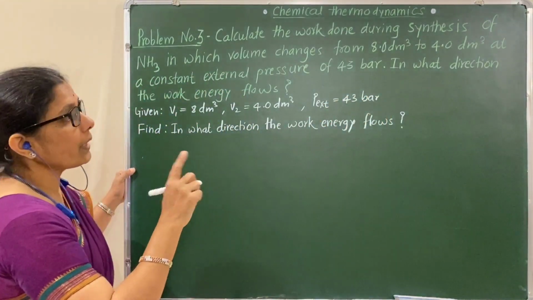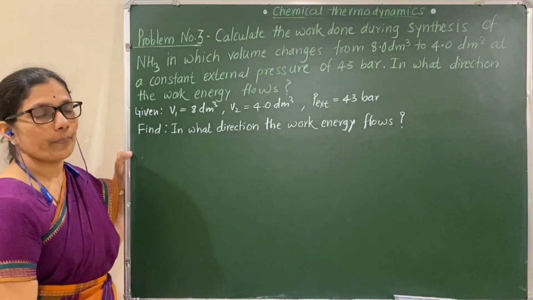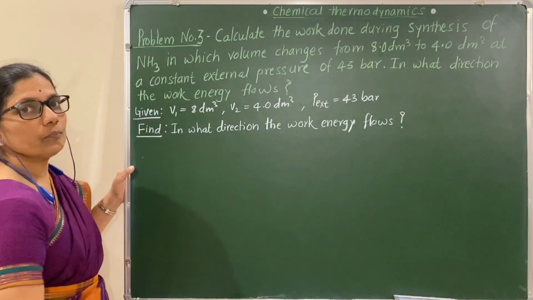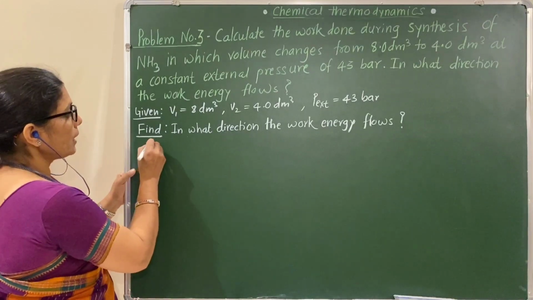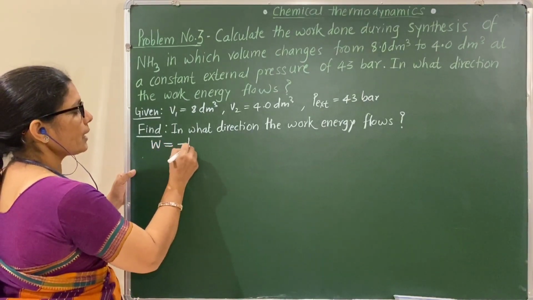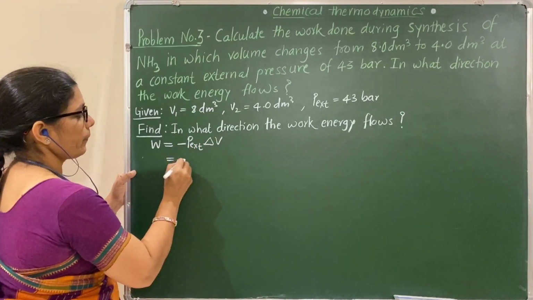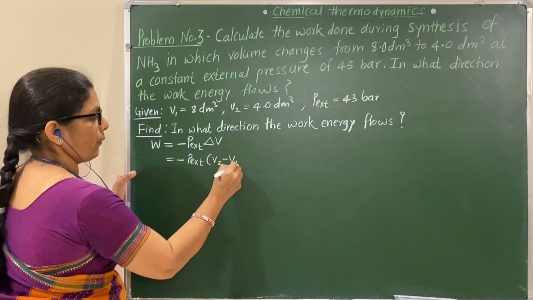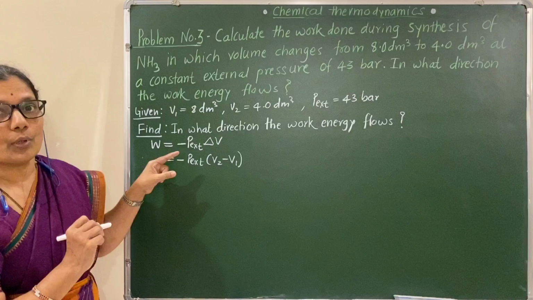Now, find in what direction the work energy flows. Constant external pressure means the formula is W is equal to minus P external delta V, that is V2 minus V1. Now substitute the values.